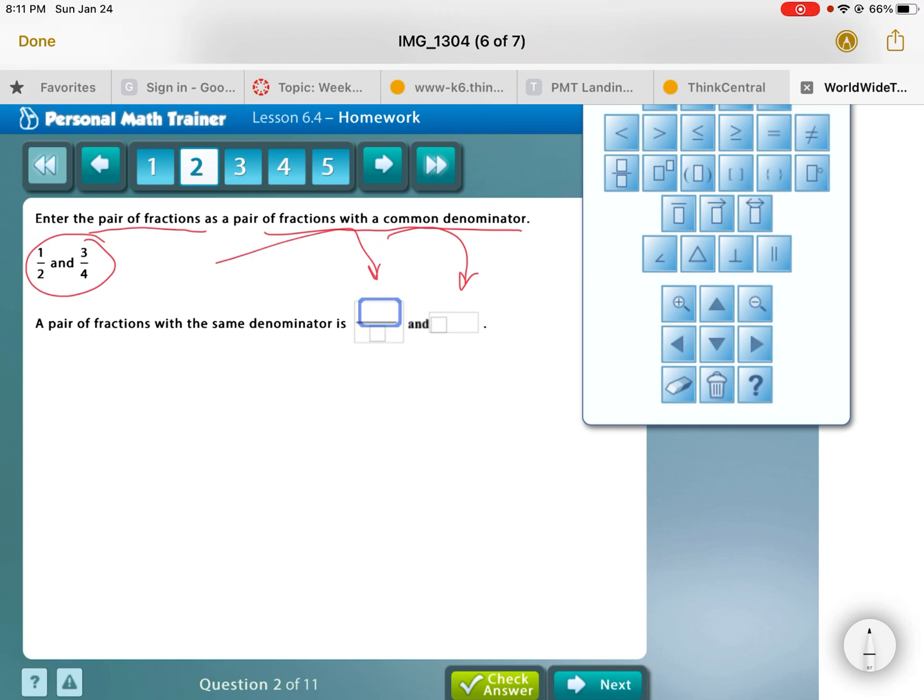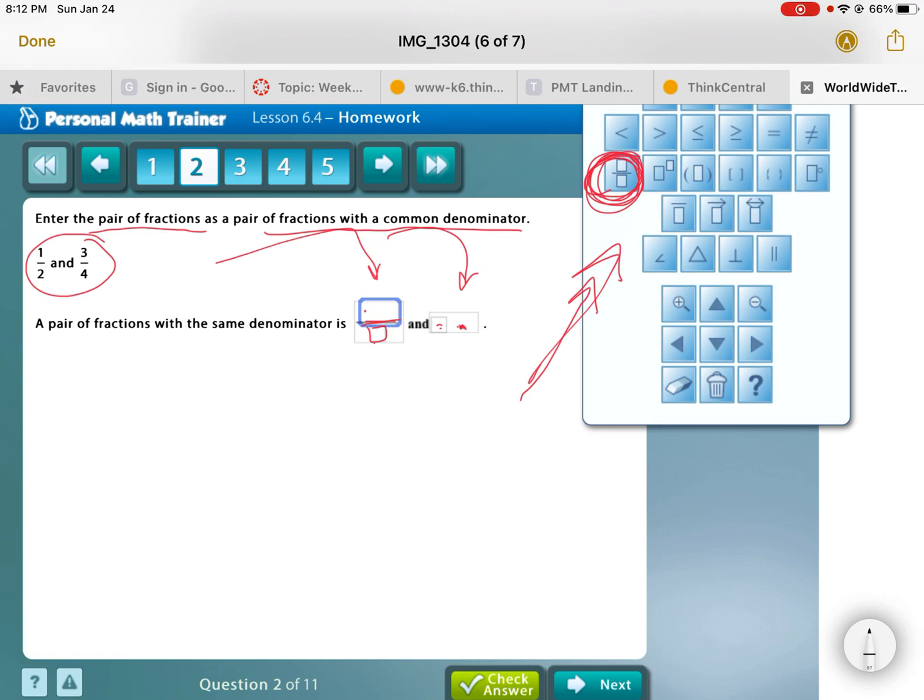You're going to tap in it, and then this little choice box is going to come up, and you're going to choose the fraction bar. That fraction bar is then going to pop in like it did on this one. And then that's where you're going to type in the top number, the numerator, and the denominator. And then the next box, you're going to tap on the box again right here. This is going to open up, and you're going to choose the fraction bar.